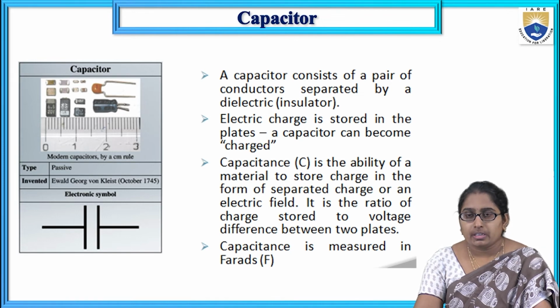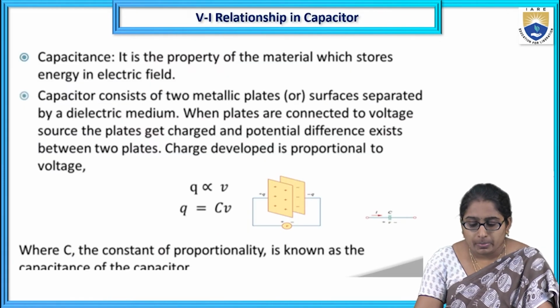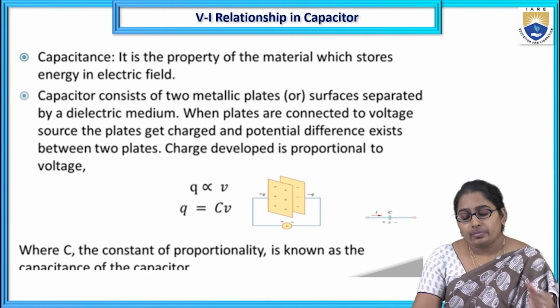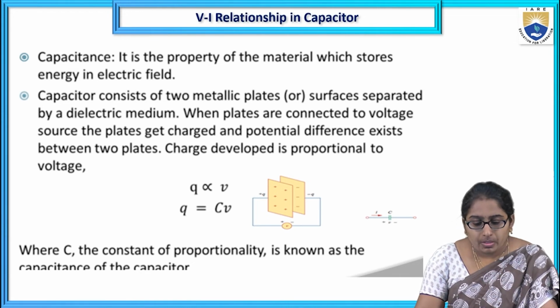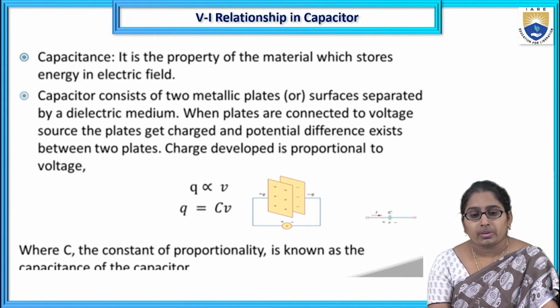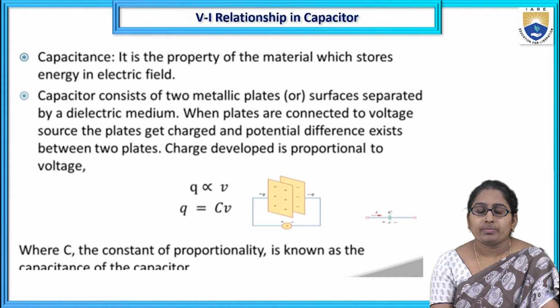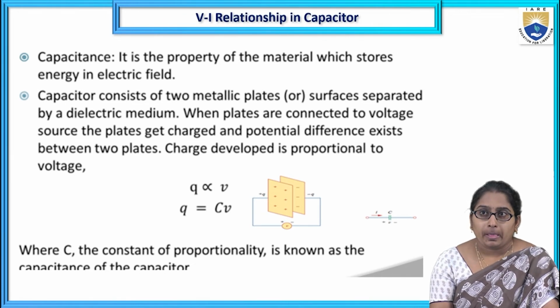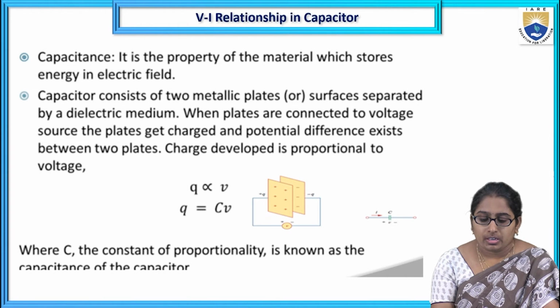Now look at the voltage-current relationship here. Capacitance is defined as, as I already mentioned, a property of a material which stores energy in an electric field.